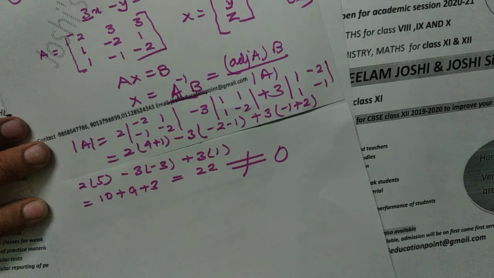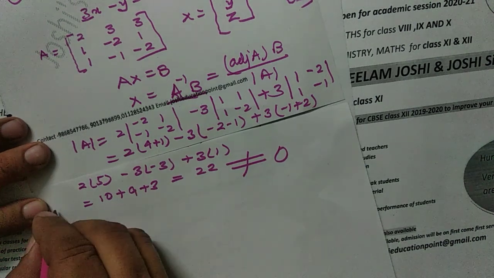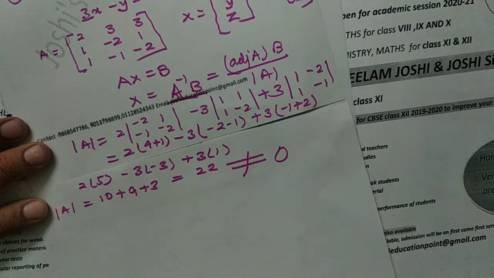Okay, our next step will depend on whether the value of the determinant is 0 or not equal to 0. If it is 0, we have to calculate the adjoint of A into B. If adjoint of A into B is not 0, then we will say the system is inconsistent. If it is 0, then we'll say it is consistent with infinitely many solutions.